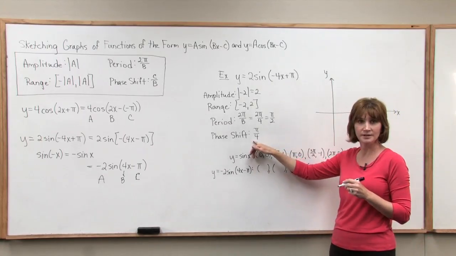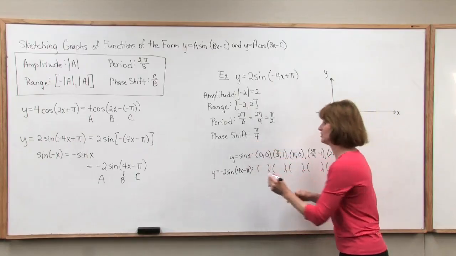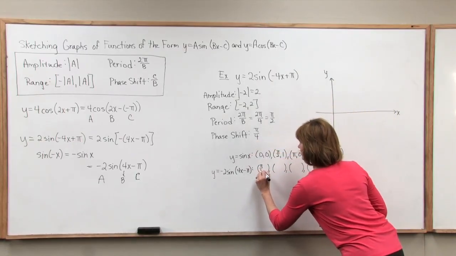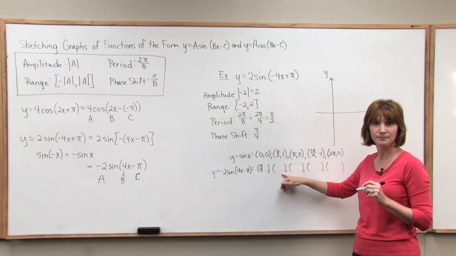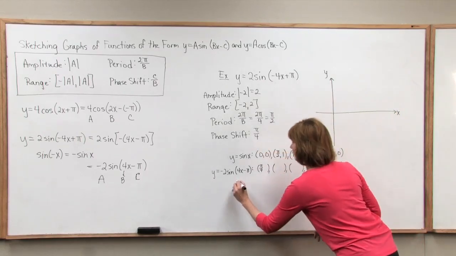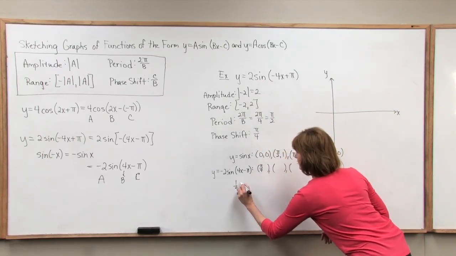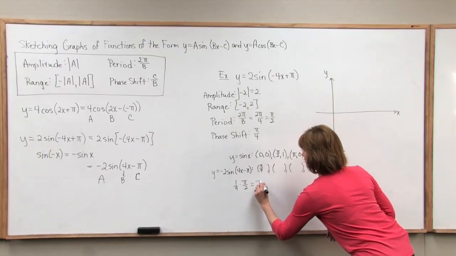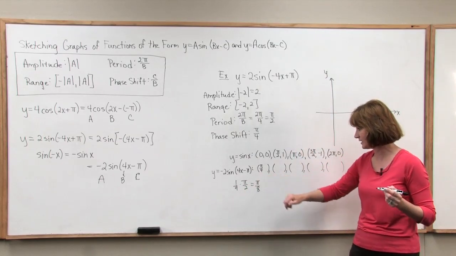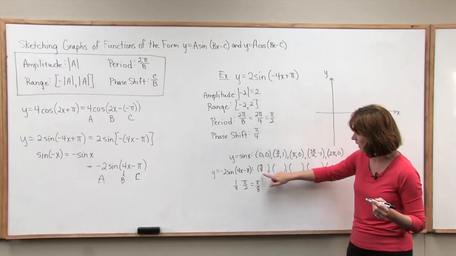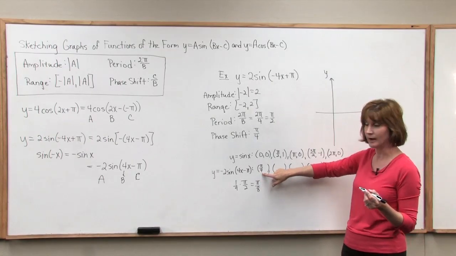Well, the first x-coordinate starts at your phase shift. So pi over 4 is the first x-coordinate. Now how do we get the next one? Do you remember? Exactly. You have to take 1/4 of the period, which is pi over 8. So this time I want to add pi over 8 to each of the x-coordinates. So pi over 4 is the same thing as 2 pi over 8.